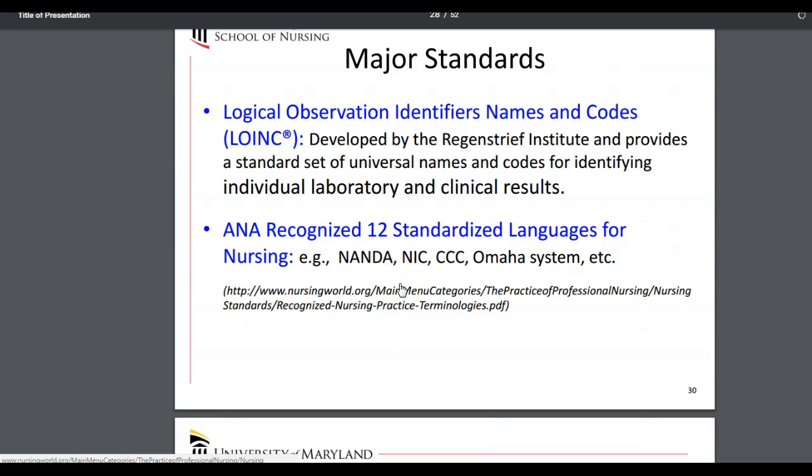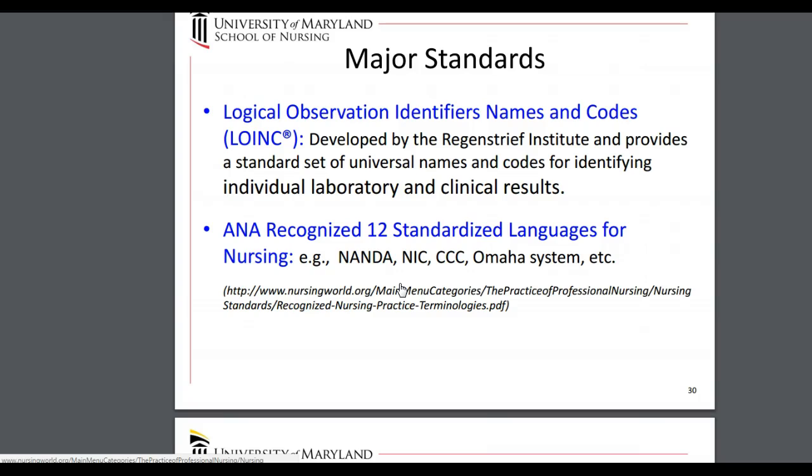So major standards: Logical Observation Identifiers, Names, and Codes. This was developed by the Regenstrief Institute and provides a standard set of universal names and codes for identifying individual laboratory and clinical results.